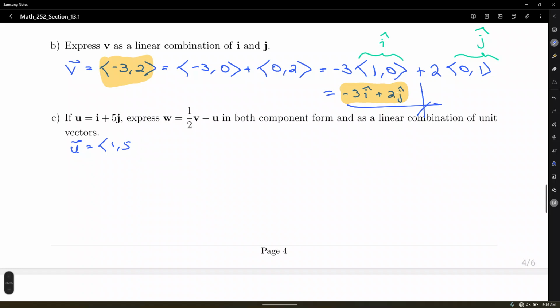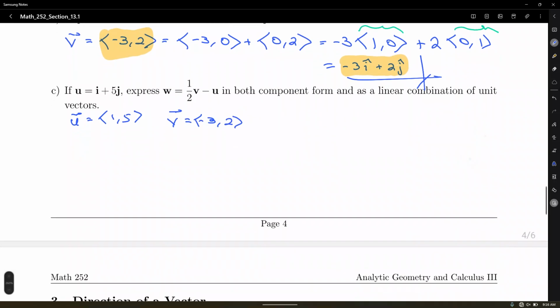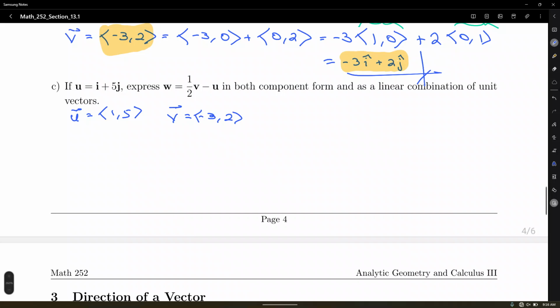I'm going to switch to component form for now. And we also have v. No, not w, it's v, right? v equals -3, 2. So let's compute w.